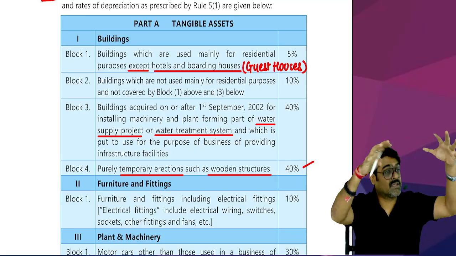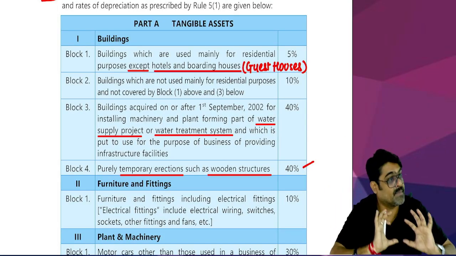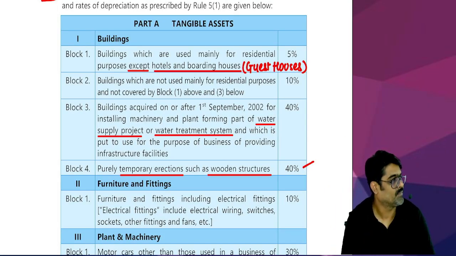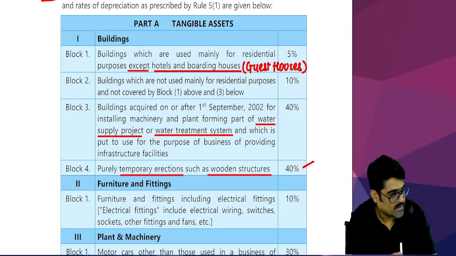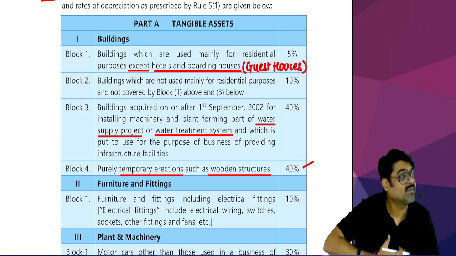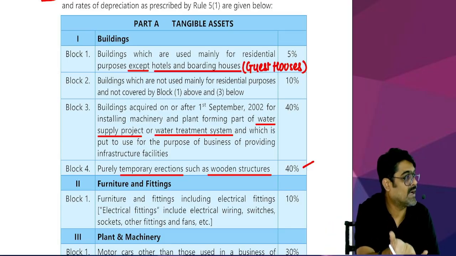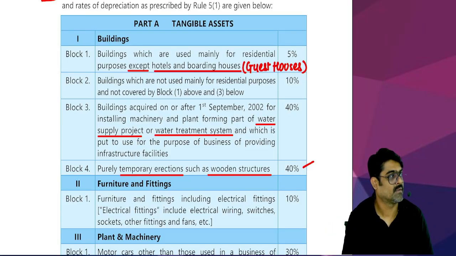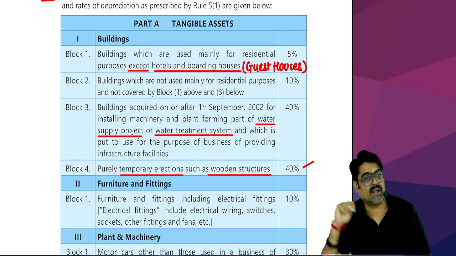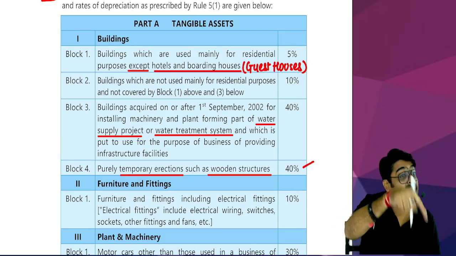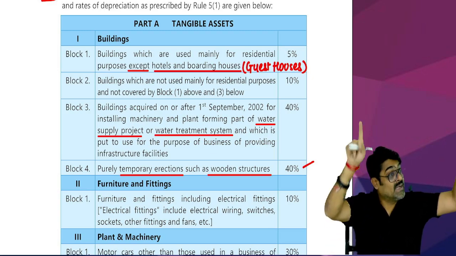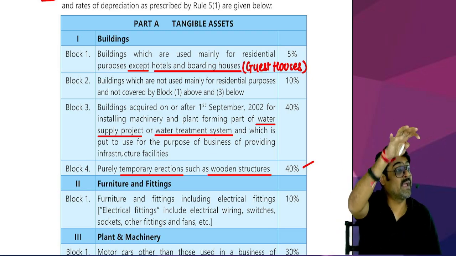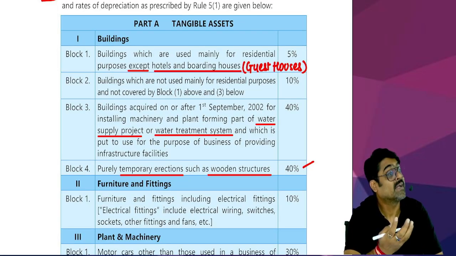In that structure, in that building, that water treatment plant is installed. So there is a building. In that building, I have set up that water treatment plant. Water treatment plant is plant and machinery, but to keep it, a building is there.